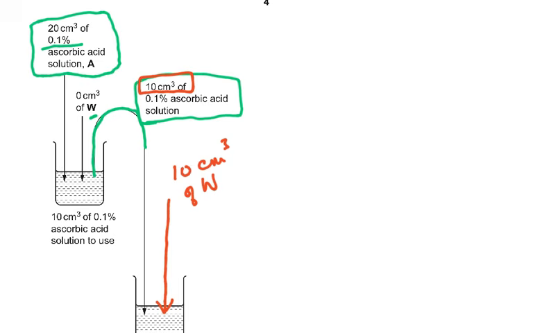And you can see there was 20 here and there's 10 left here. So this is the clue that you have to get from the first beaker. 20 initially, 10 left. So that means you've taken out 10 and then you've added 10 water to it.